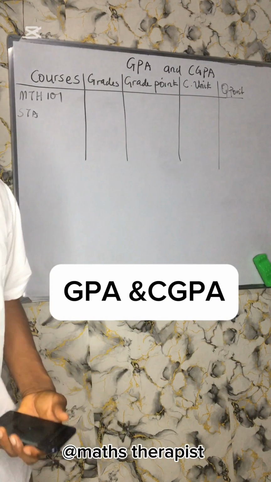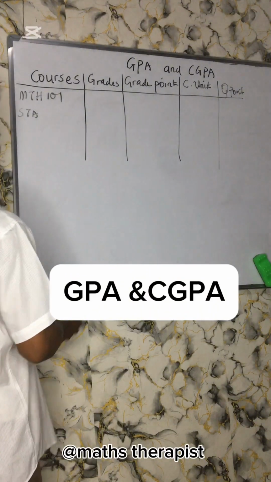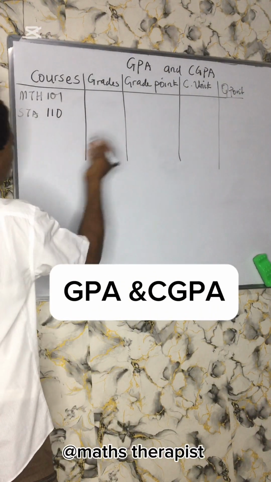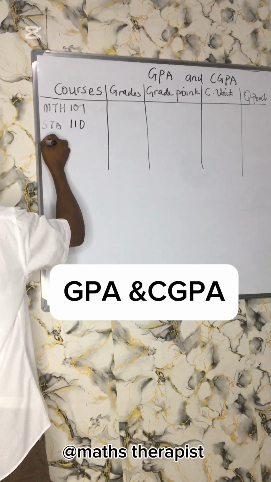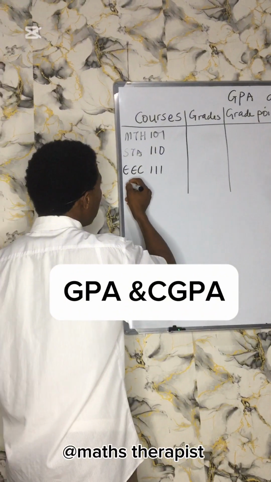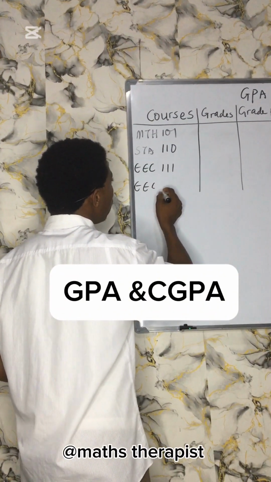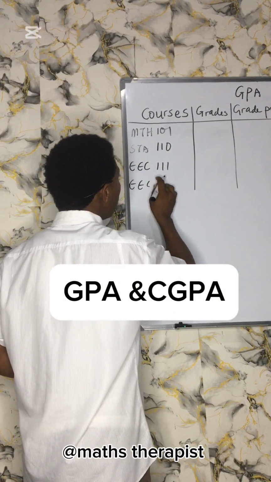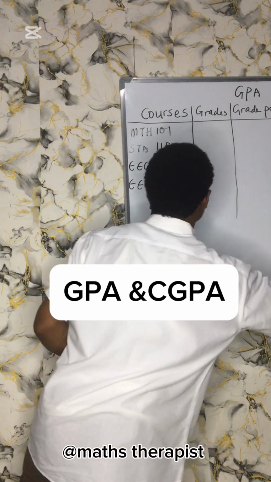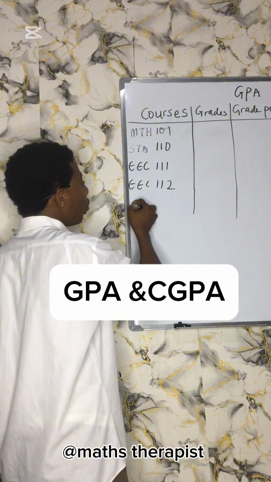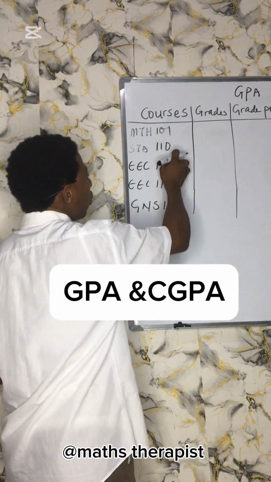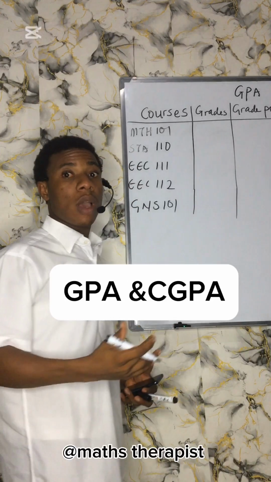We also have STA 110, let's assume EEC 111, EEC 112, and let's list one more, GNS 101. So we have 1, 2, 3, 4, 5. We have 5 courses here.